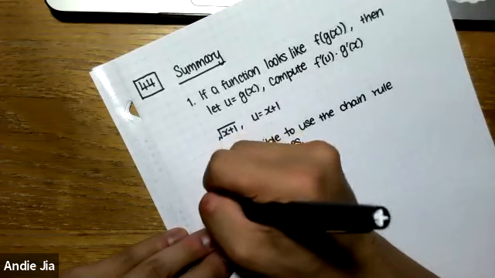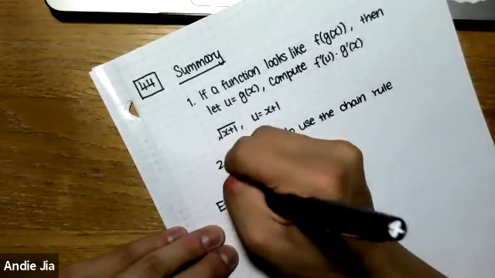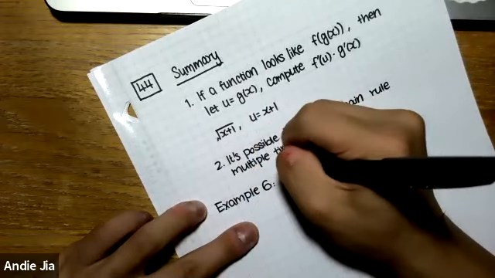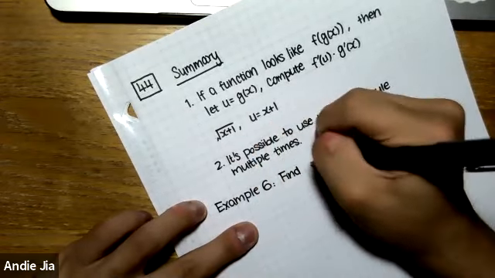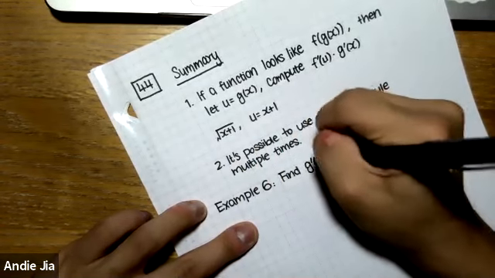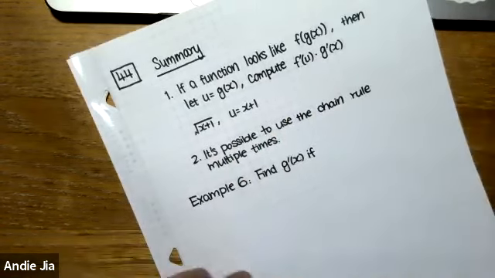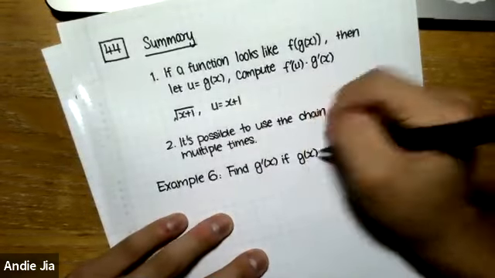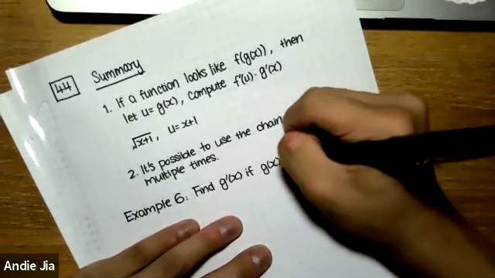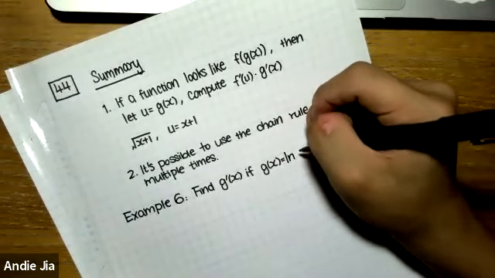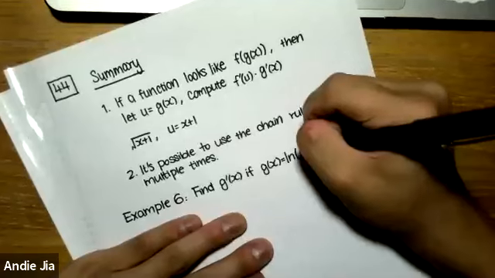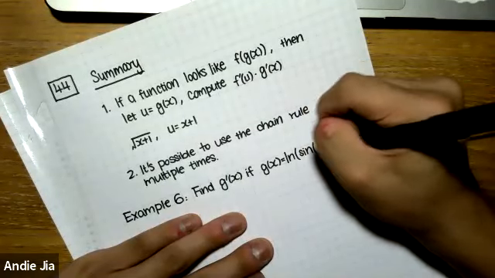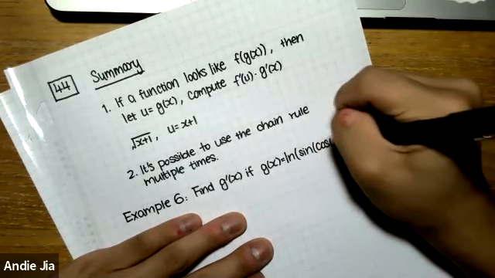So let's do an actual example here. Find g prime of x if g of x is equal to natural log of sine of cosine of x.